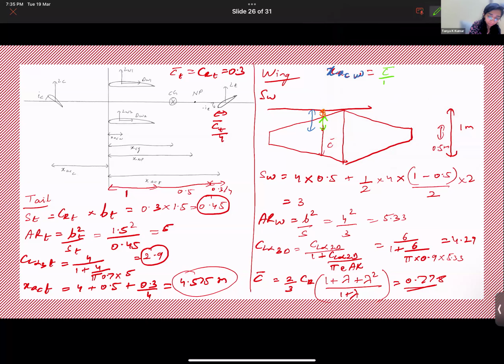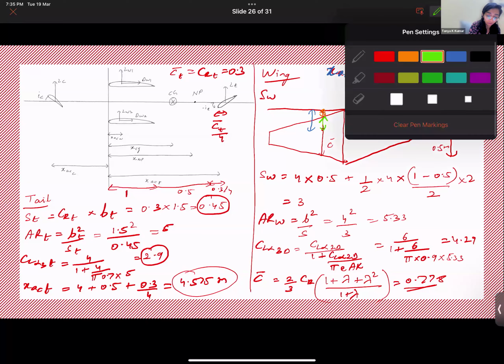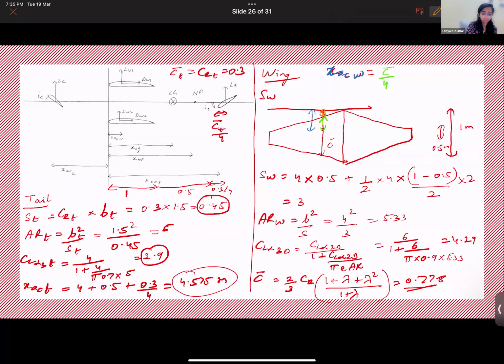C bar by 4. What is the distance in orange? What is that small orange distance? It is CR by 2 minus C bar by 2. Is that correct? Just look at it.